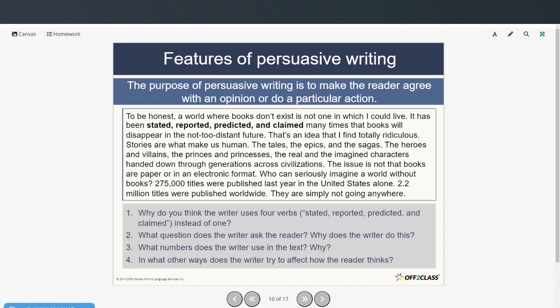Well, he talks about this is an idea that is ridiculous. He names all different kinds of stories, hoping maybe to connect with the reader, because different people like different forms of stories. He also talks about paper and electronic, again, to maybe make that connection with different readers.